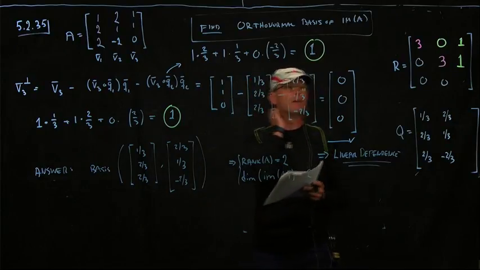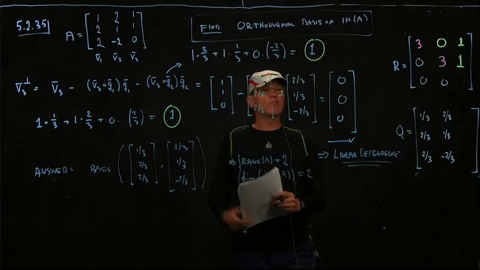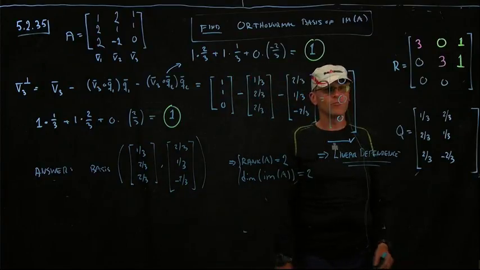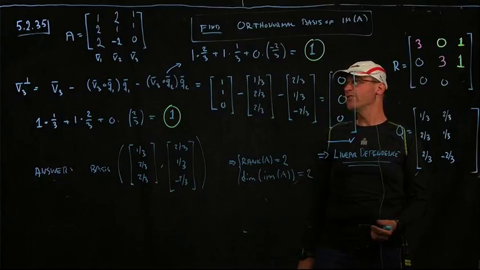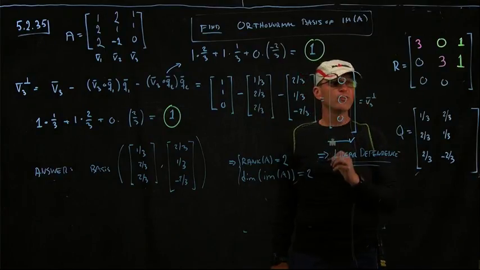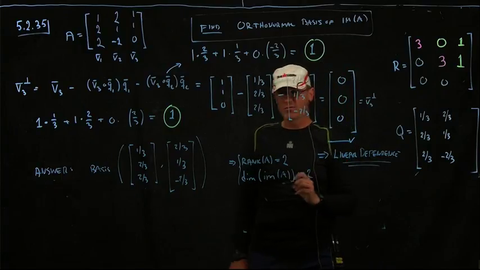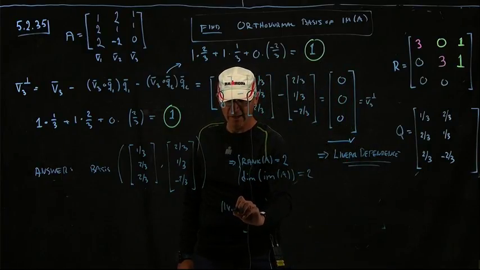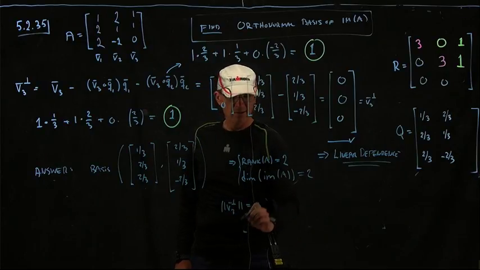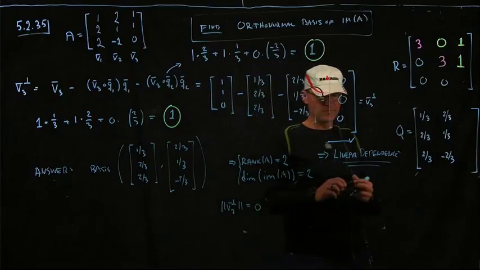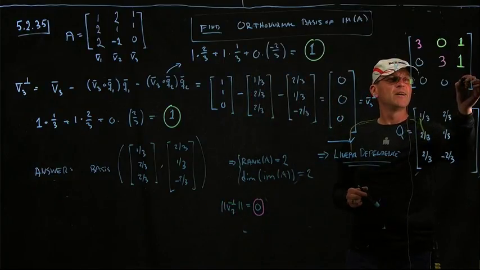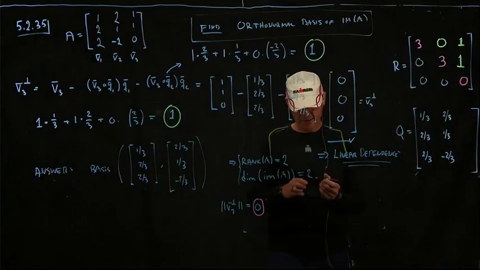Now, say you wanted to find the QR factorization here. What do you think you should do? So this is sort of formally our V3 perpendicular. Of course, the length of V3 perpendicular is 0, so we take that 0 and put it over here. We're fine.